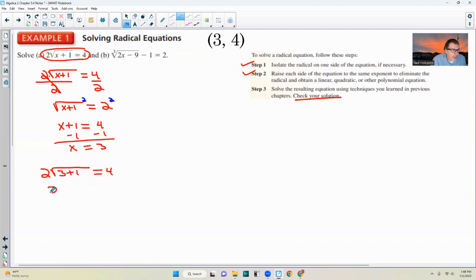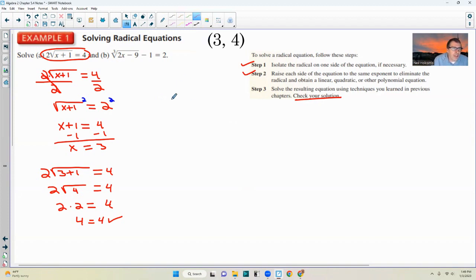Okay, order of operations says to do what's inside the radical first, and that's 4. And then take the square root of 4, which is 2, so that's 2 times 2. And this has to come out to equal 4, and obviously 2 times 2 is 4, and I have checked my solution. So that is how you solve a radical equation.